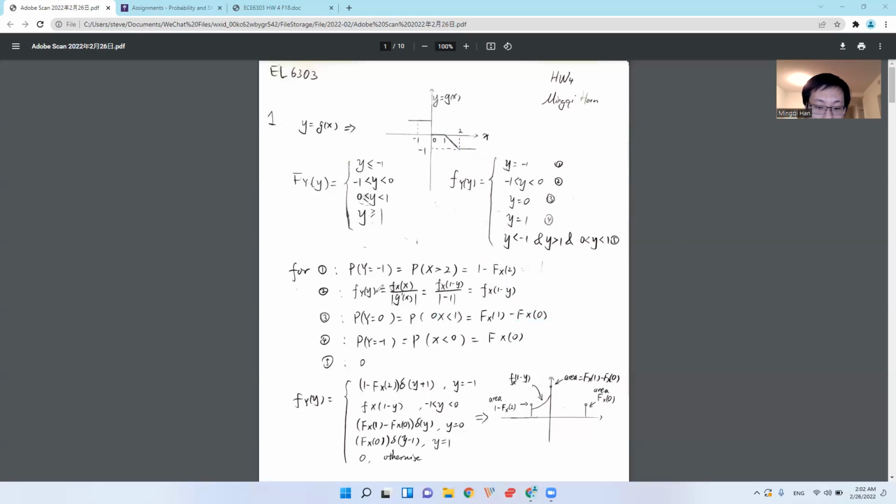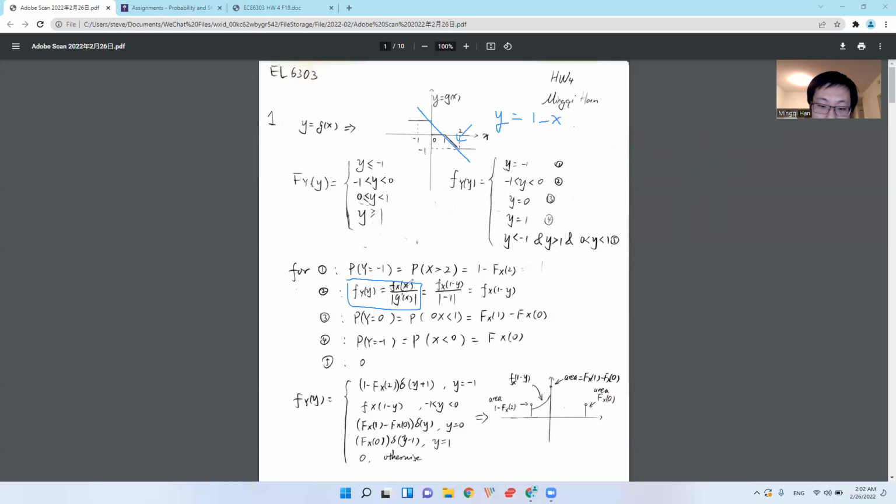For circle 2, we have this equation that we used last time in our homework, and we can use it again here. In order to use that, we need to figure out what this line is. This line is y equal to 1 minus x.